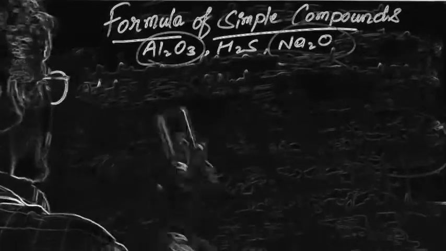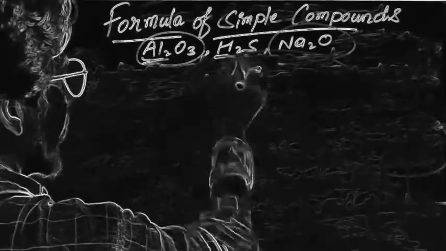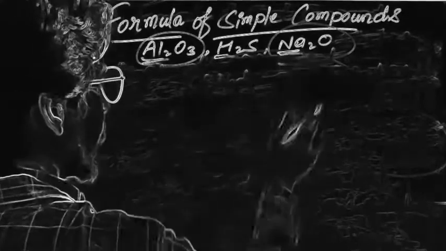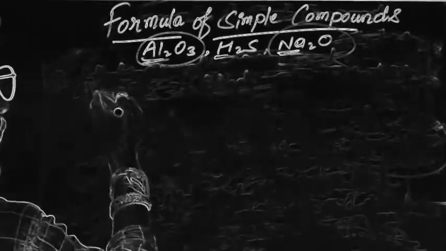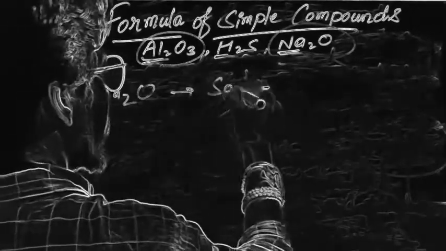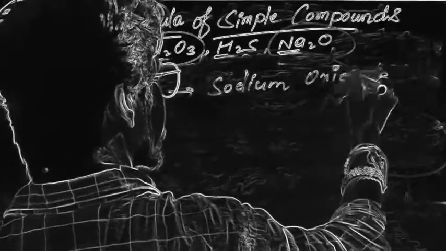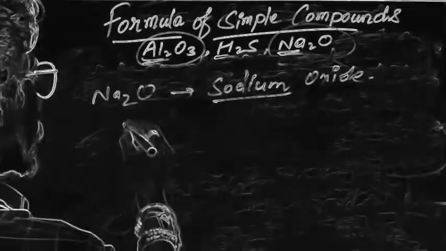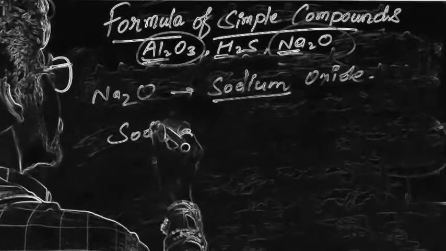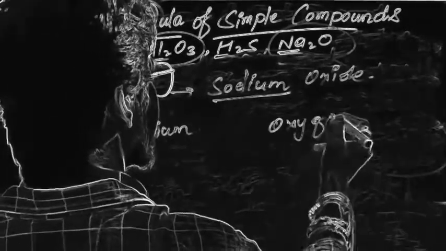Next is Na2O, that is sodium oxide. Actually sodium is also a metal. This aluminium, it is a metal, hydrogen, it is a non-metal, and sodium, it is a metal. Sodium oxide means oxygen.